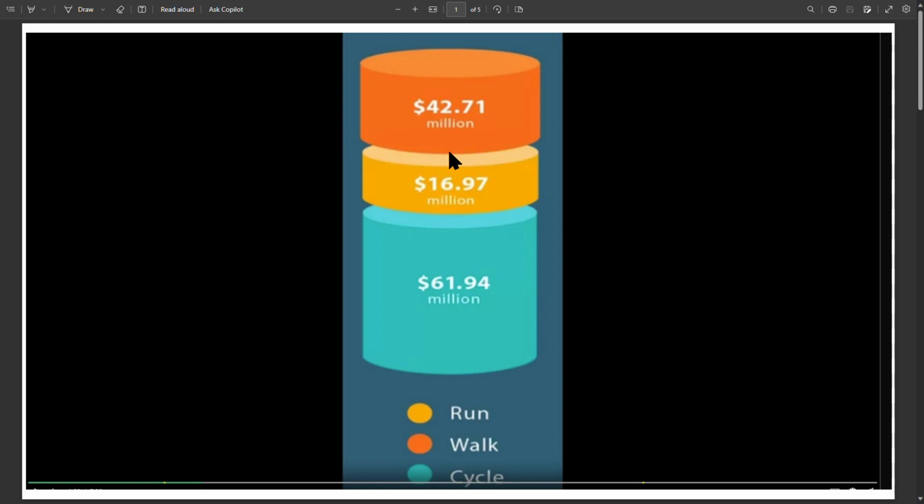The next thing I noticed in this graph is that it is using a 3D graph. It looks like a 3D pie chart. Don't you think? What do you think? Doesn't this look like a 3D pie chart to you?